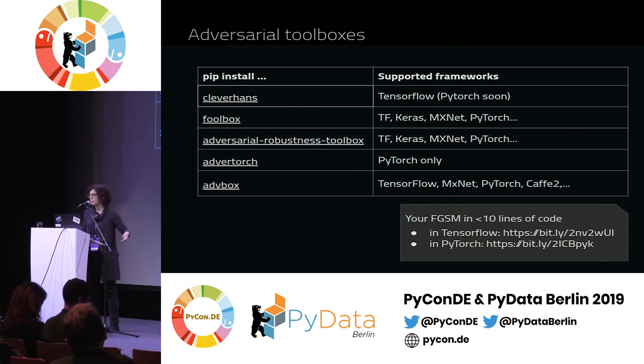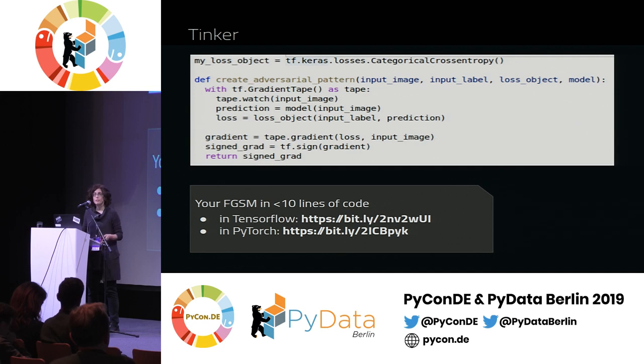Basically, you just import the attack, apply it on your model, and you can start playing around with it in no time. And in fact, if what you want to do is tweak them, the attack I was showing before, the fast gradient method, is mostly implemented in less than 10 lines of code. So if you want to start playing around with it, yeah, take a picture, go there and have fun.